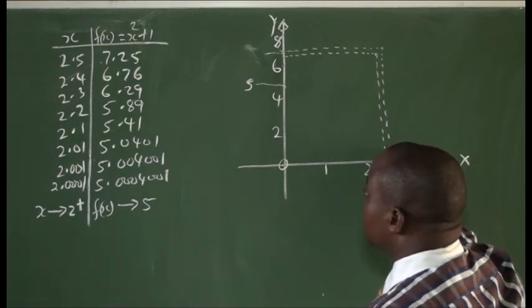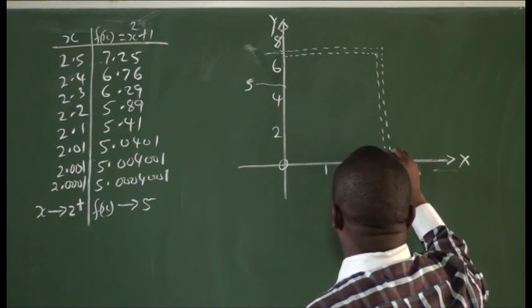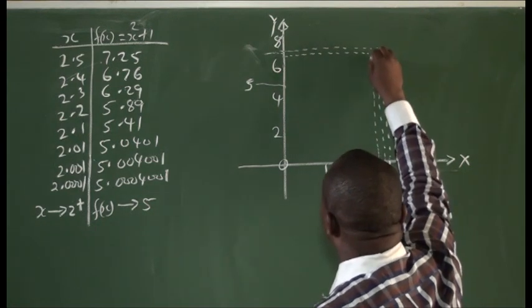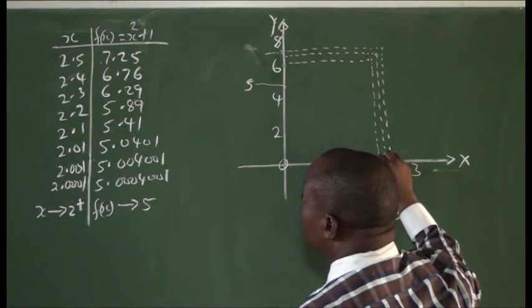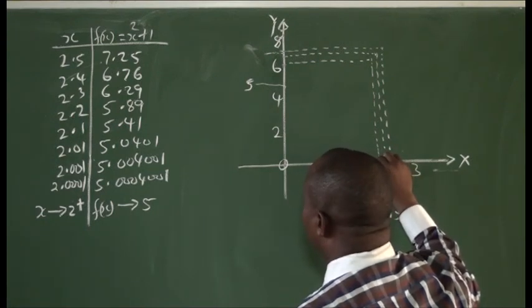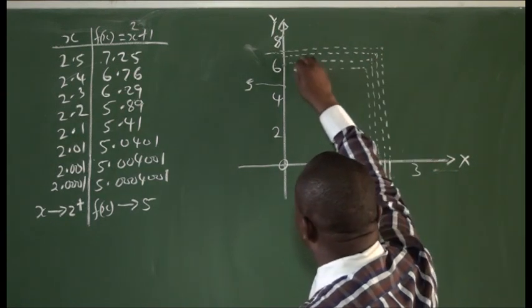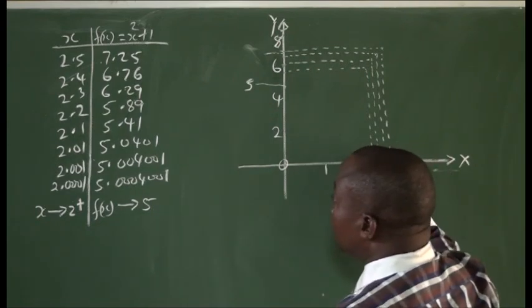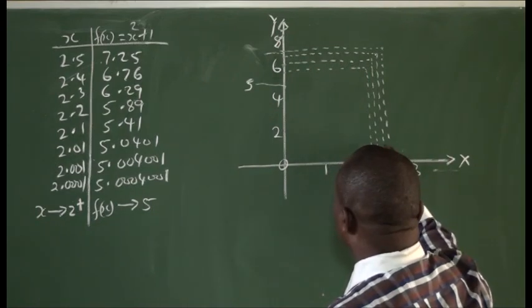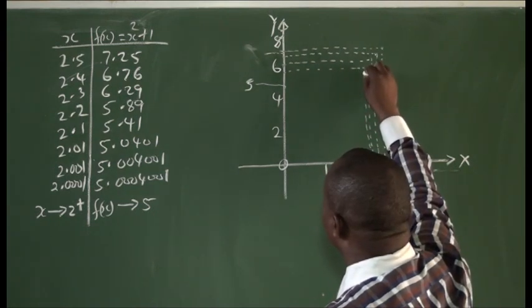Now when x is 2.3, you have 6.29. So you can see it reduces to here. When x is 2.2, you have 5.89, close to 6. When x is 2.1, we have what? 5.41.